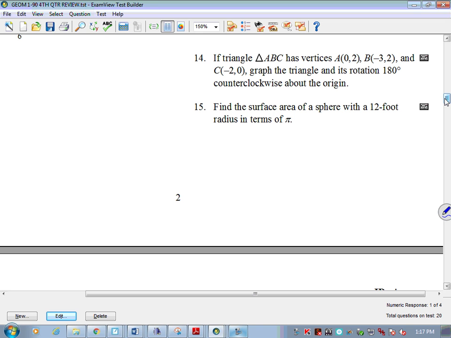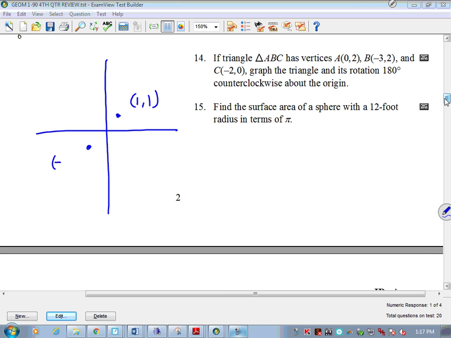Okay, so let's come back to our handy dandy graph here. If this is 1, 1, where's 180 degrees from that? Right through here. It's going to go through the origin. I'm going to be at negative 1, negative 1. So what happens to the x and y coordinates whenever I rotate something 180 degrees?